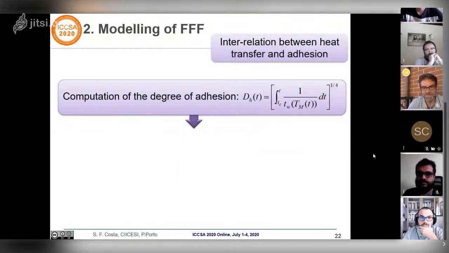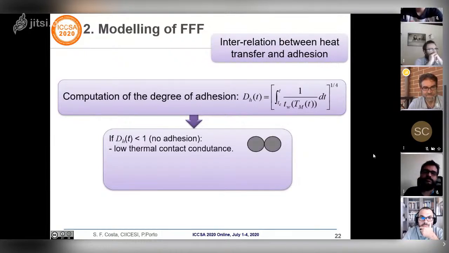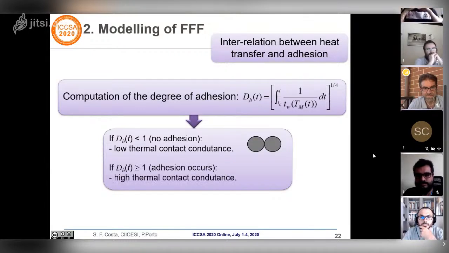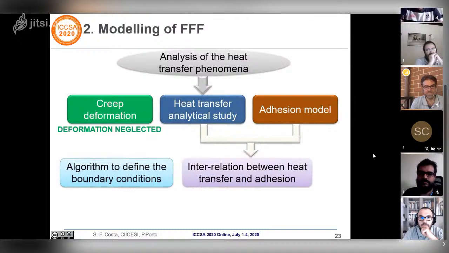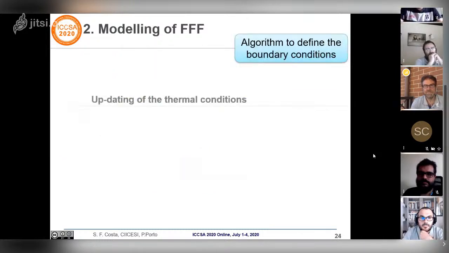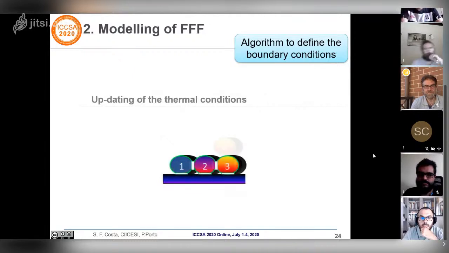Then an interrelation between heat transfer and bonding was established. So the degree of adhesion is computed. While it is lower than 1, the thermal contact conductance is low. When the bonding is achieved, the thermal contact conductance is increased to favor the heat transfer between the filaments. Finally, since the filaments are progressively deposited, the initial and boundary conditions must be updated along the process.